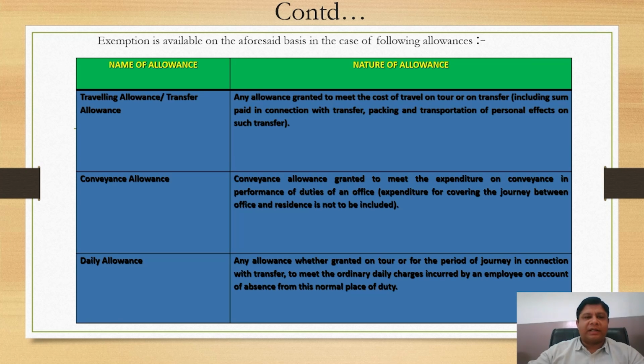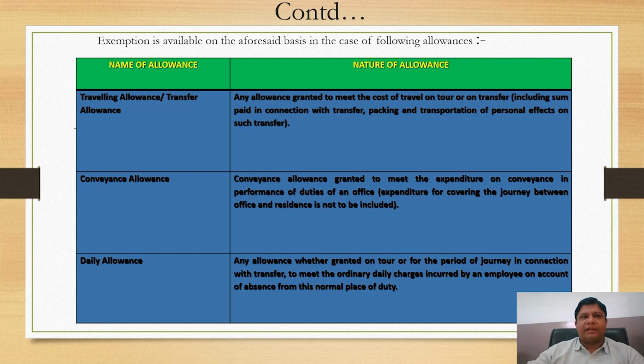Travelling allowance, transfer allowance: any allowance granted to meet the cost of travel on transfer, or on packing and transportation of personal effects on such transfer. Conveyance allowance: granted to meet expenditure on conveyance in performance of the duties of an office. Daily allowance, whether granted on tour or for the period of journey in connection with transfer, to meet the ordinary daily charges.